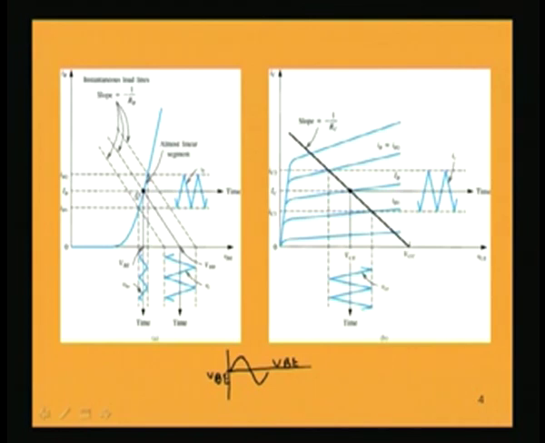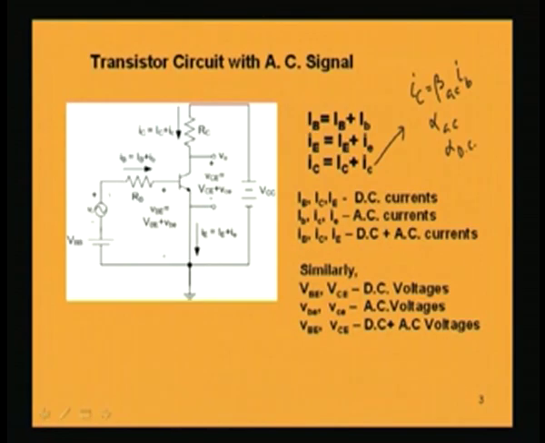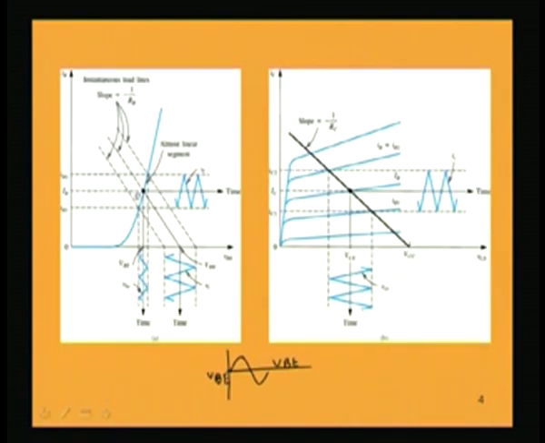Now, this is happening because the input circuit has V_BB plus this signal v_i. V_BB is the DC voltage which is forward biasing. So, V_BB is this value, and this V_BE will increase from the V_BB value because of this small signal, and it will also fall in the negative half.